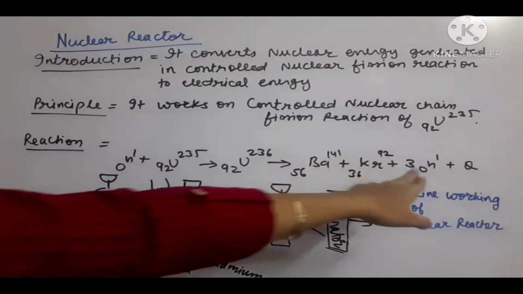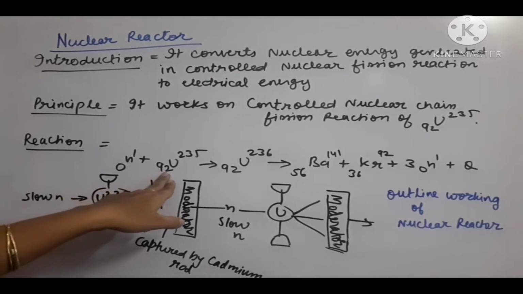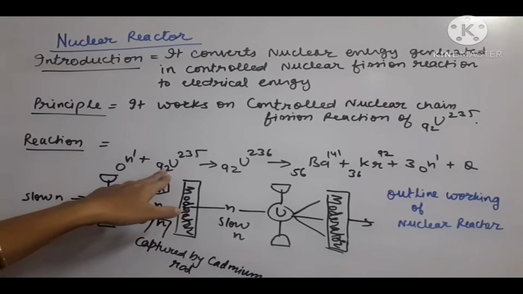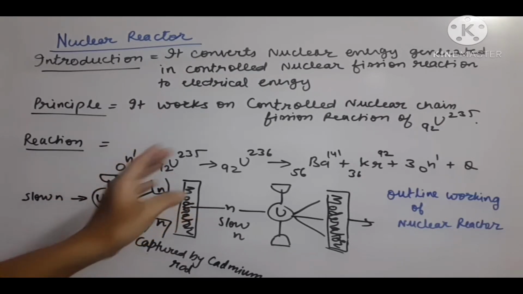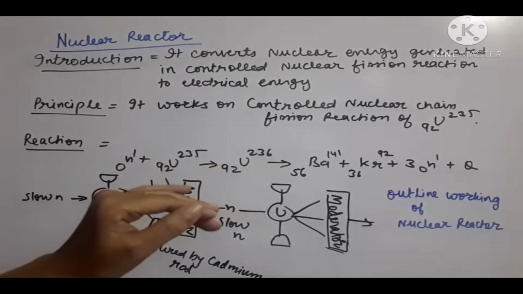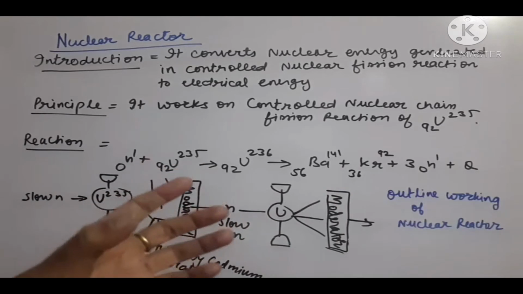Now, if we allow these neutrons to go back to the fuel where other nuclei of uranium are still lying, then they can further cause fission reactions. If this is an uncontrolled reaction, then a huge amount of energy will accumulate and cause an explosion.